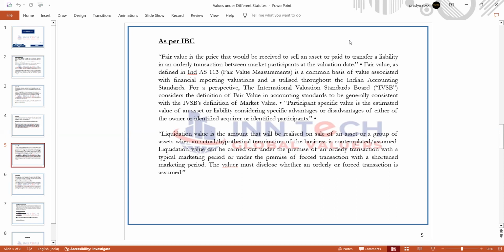So it will be net of all the expenses, like the dismantling charges, the selling charges, any brokerage for selling. All those expenses incurred to sell the asset have to be deducted, and the net value is what they expect, and that is what they call the realizable value under liquidation regulation 35 under IBC.